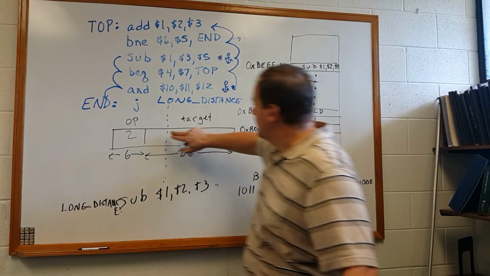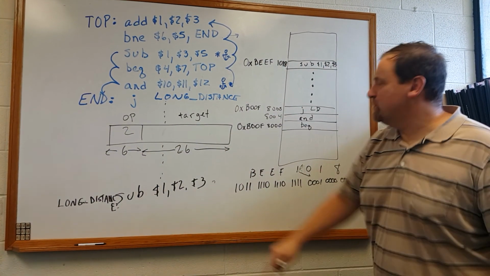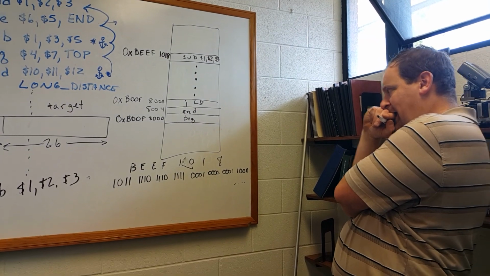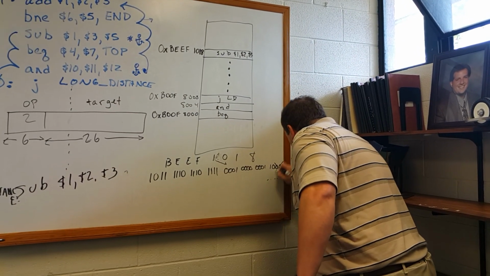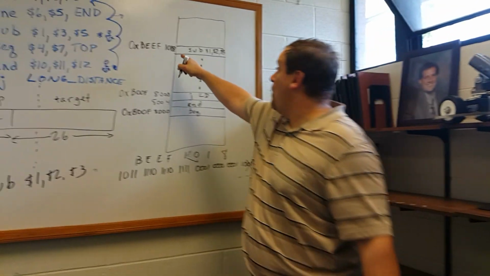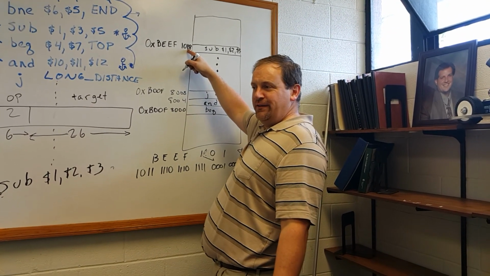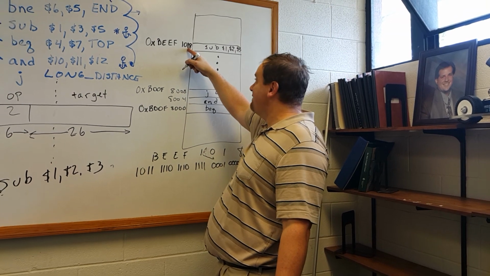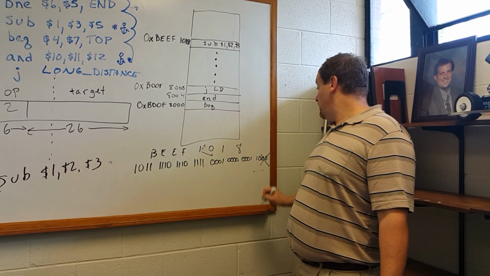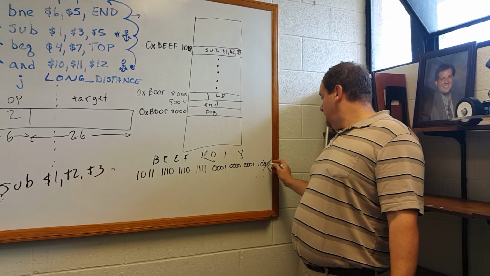Now what do we put in the target? Okay? That was to show it's far away. Well, I don't need to encode these two zeros. Why? Because I know, unless Old Man Will makes a mistake and puts it as an F, that the target is going to have a 0 and a 0 at the end.